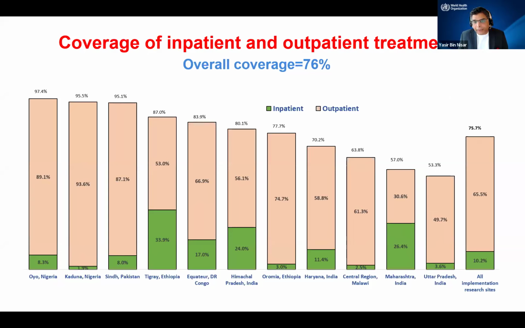So based on that, 76% actually received the treatment. And you can see that it was mostly because of outpatient treatment. That's why we have a higher proportion of coverage for the treatment of PSBI cases.